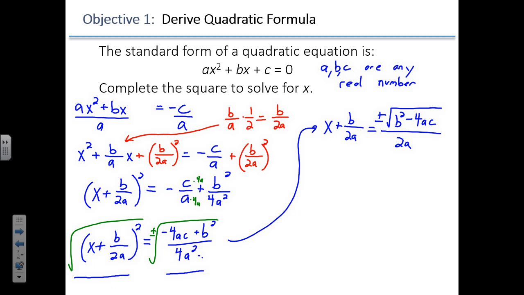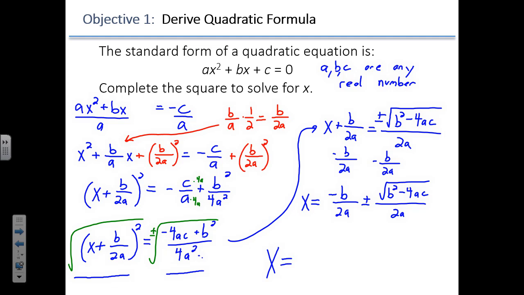Now, let's subtract b over 2a from both sides. And we have x equals negative b over 2a plus or minus the square root of b squared minus 4ac all over 2a. But we have a common denominator there. We can put those together.